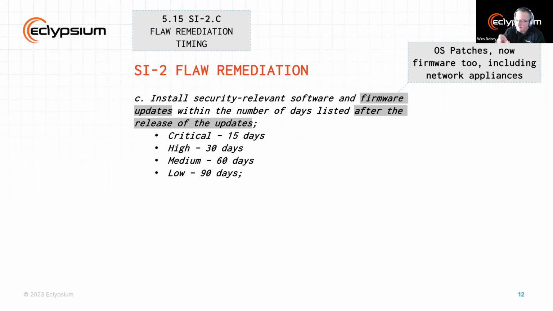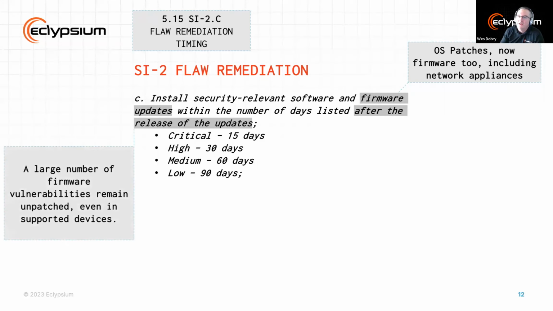So now, not only do we have to do software and operating system updates, but we also need to do firmware updates, which also aligns with the firmware terminology for things like our network devices, to remediate those vulnerabilities. We also have timeframes where, once the update is released, we have to get these upgrades done within that set period of time.